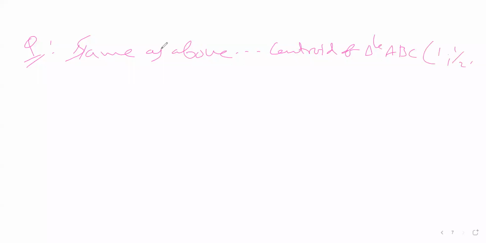Same idea, we are given another problem. The problem is the same as above, and the centroid of triangle ABC is given as 1 comma 1 by 2 comma minus 1 by 3.